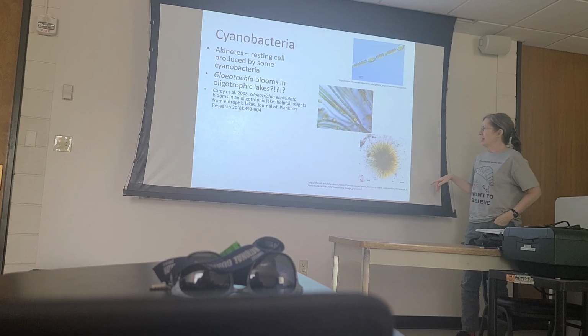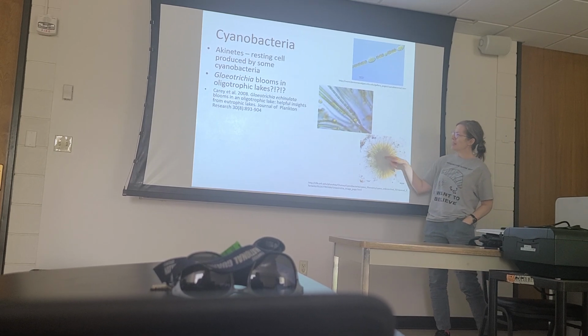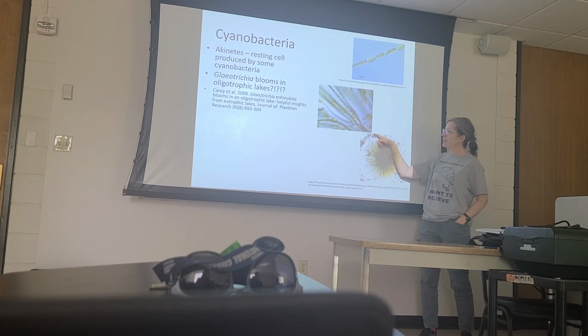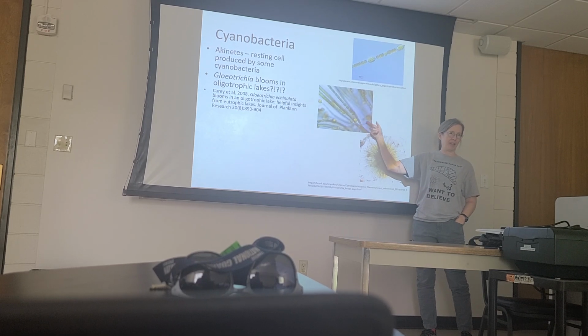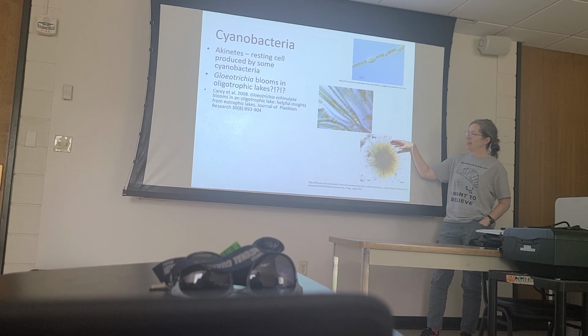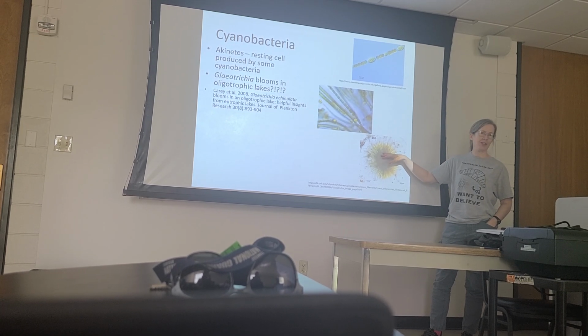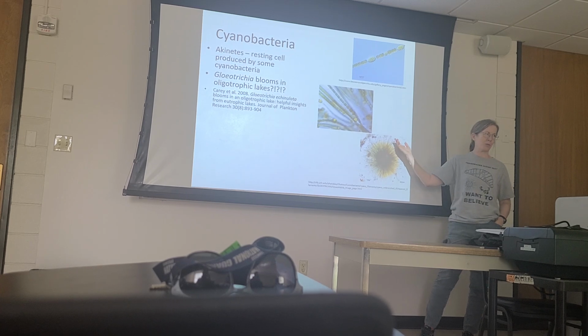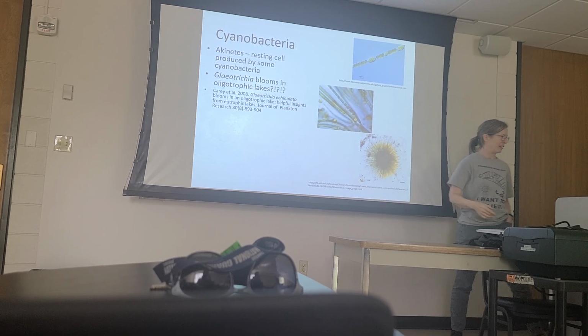Anyway, it's basically a bunch of filamentous cyanobacteria, and in the middle they've got heterocytes, so they can fix nitrogen, but they generally just float in the plankton, and this stuff was blooming, and they couldn't figure out why it was blooming if there wasn't supposed to be a lot of nutrients in there.